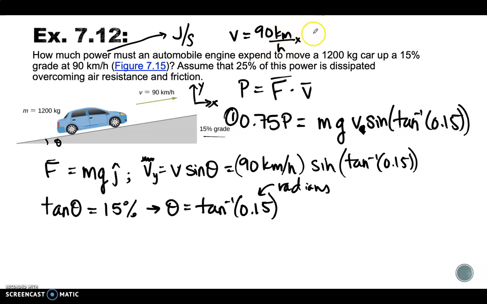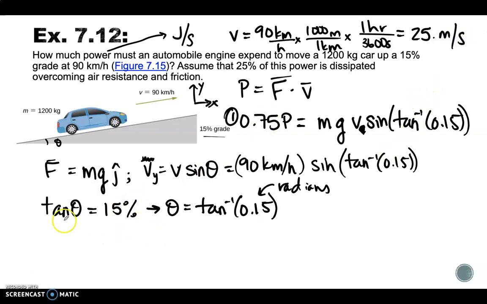There are 1,000 meters in 1 kilometer, and in 1 hour there are 3,600 seconds. So we can calculate that: 90 times 1,000 divided by 3,600. We get that the velocity is 25 meters per second.